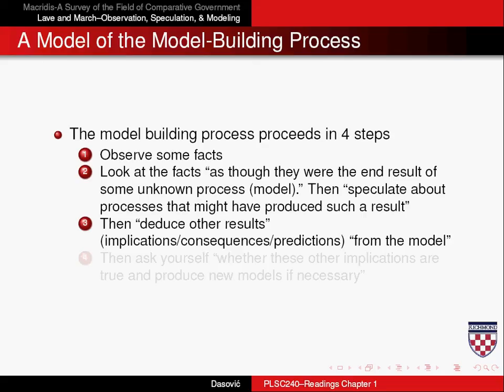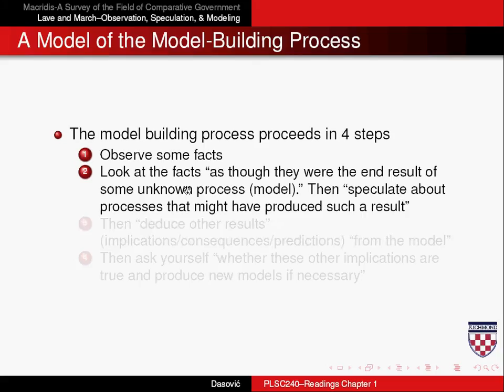That could be. So we may find that not only child mortality, but maybe overall poverty is lower in these countries. So that's an implication, a deduction from the results of step two.